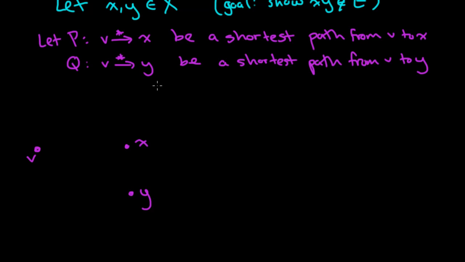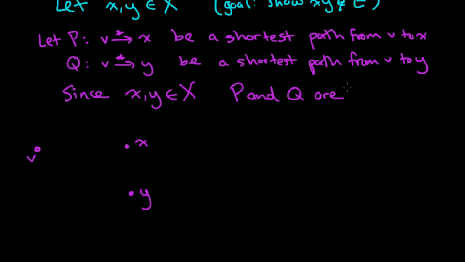The important part is they have the same parity. So since X and Y both belong to the set X, P and Q are both of the same parity. In fact, we know that the same parity in this case is even.